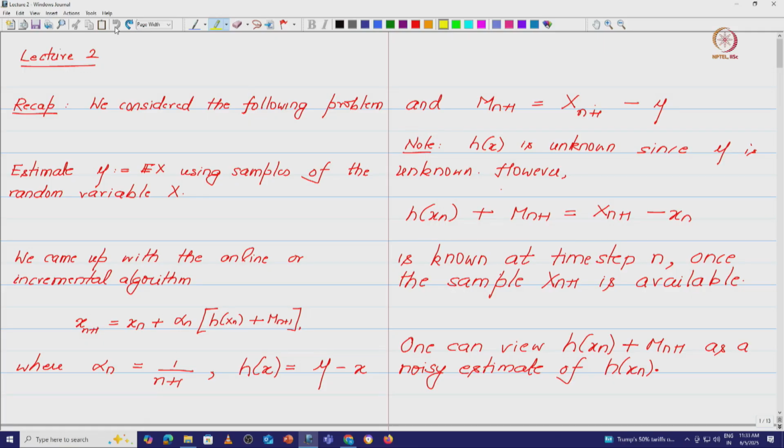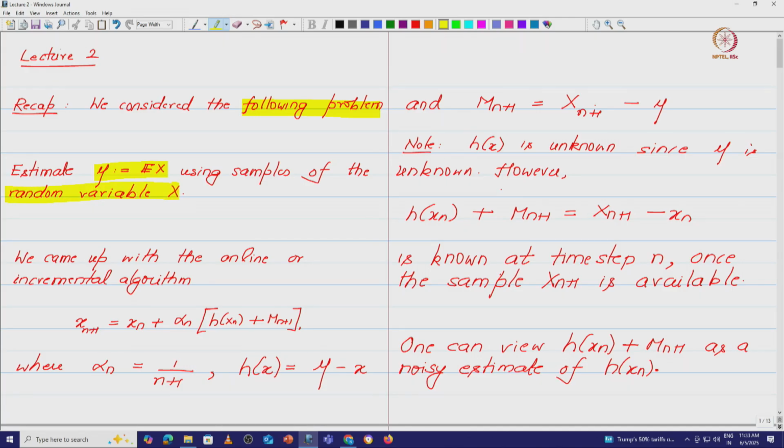Let us first do a quick recap of what we did in the previous class. In the previous class, we looked at the following problem, which involved estimating the mean of a random variable x using independent and identically distributed samples of the random variable x itself.